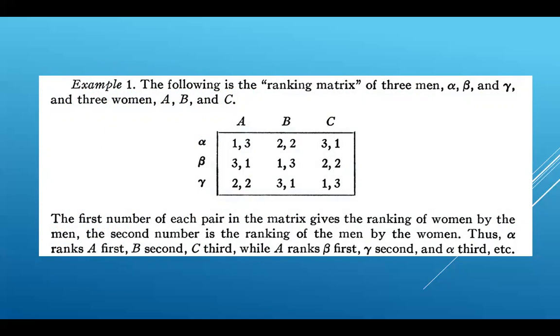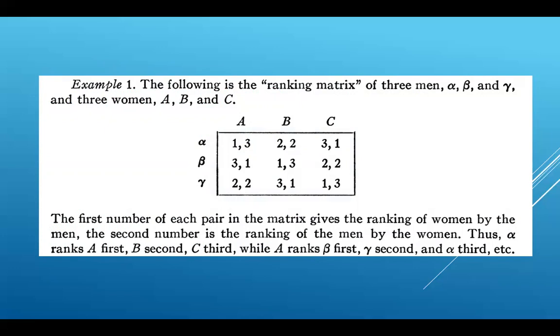So if I go across the first row, for instance, A is ranked number 1, B is ranked number 2 and C is ranked number 3 according to alpha, yes? If you go across the second row, beta ranks A as third best, B as first best and C as second best. You see what I mean? And so forth. Gamma ranks A second, B third, and C first.